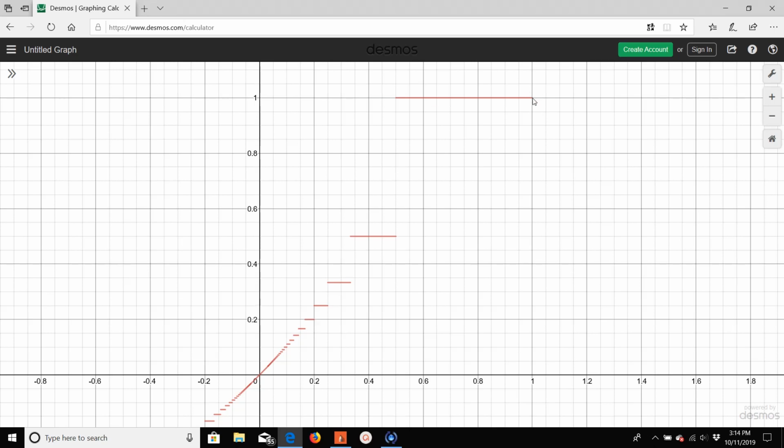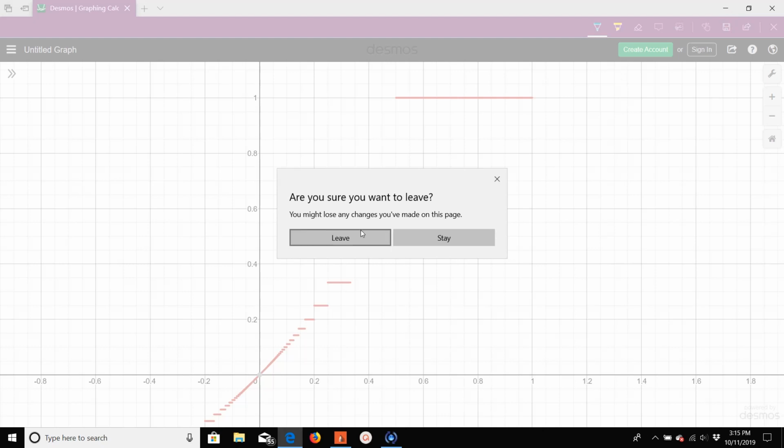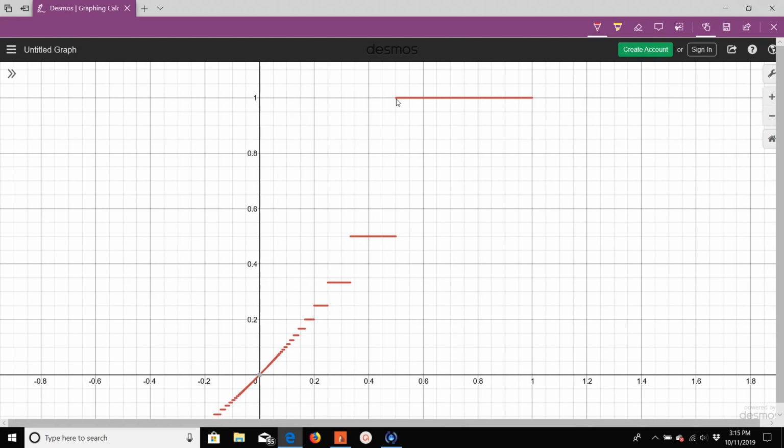Let me get my marker out. You've got kind of rectangles, like that's a rectangle, and then here, and here, and there, and there.